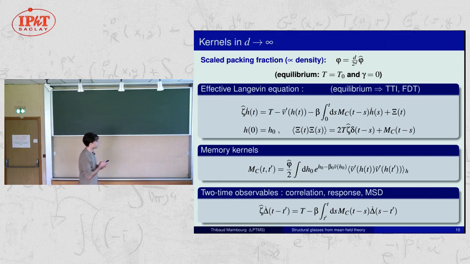So what you get is that it's an effective process for this gap variable, which evolves with basically some kind of effective potential that contains the initial potential between the particles. And above all, you have these extra terms here. So it's a retarded friction term. And also you have colored noise with some kernel, memory kernel MC here.